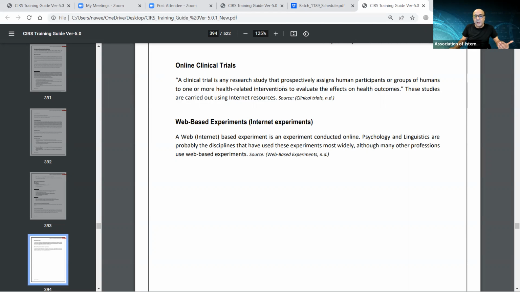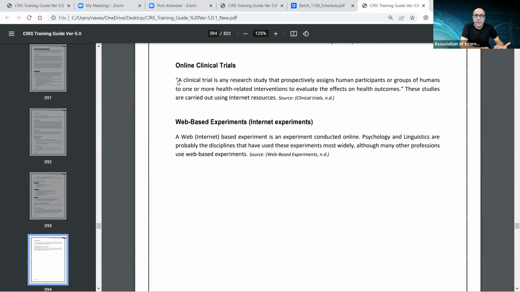Clinical trial is any research study that prospectively assigns human participants. Now, in online clinical trials, we are looking at somewhat a different scenario, because medical information is quite personal and more privileged information, and therefore, to qualify or recruit someone in clinical trials, you need to cover a lot of ground from the legal perspective.